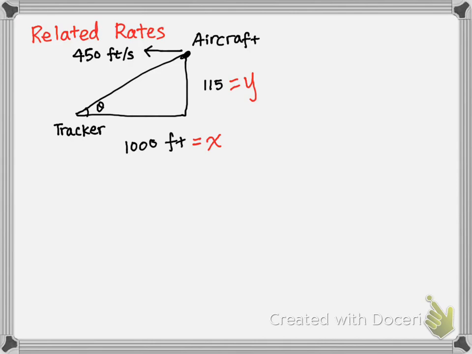The aircraft is flying toward the tracking device, so dx over dt, that rate, is 450 feet per second. And it's decreasing, so you can think of it as negative 450, going to the left or decreasing.